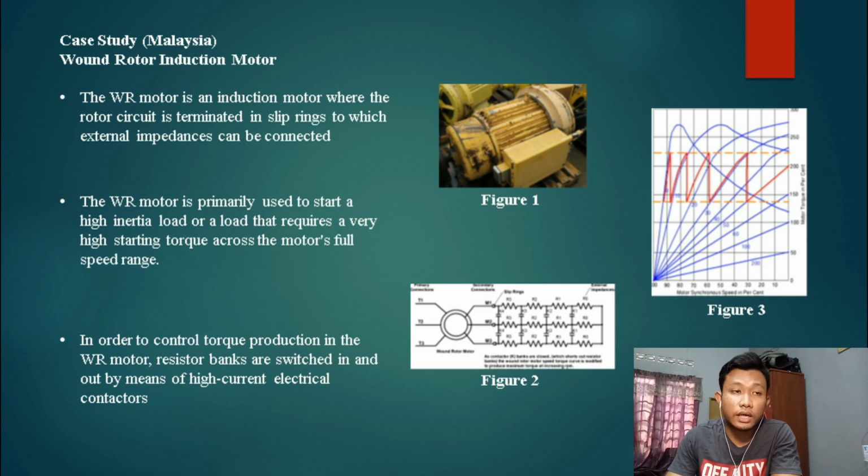By setting upper and lower limits when the resistor banks are shorted out, a roughly constant torque profile can be produced. For many years, this was one method that allowed an induction motor to produce the overload torque from 0 to slip speed.